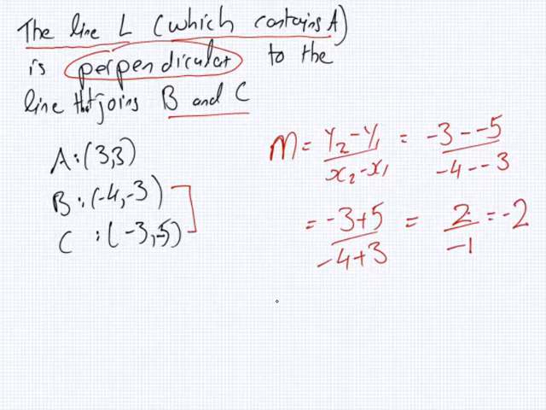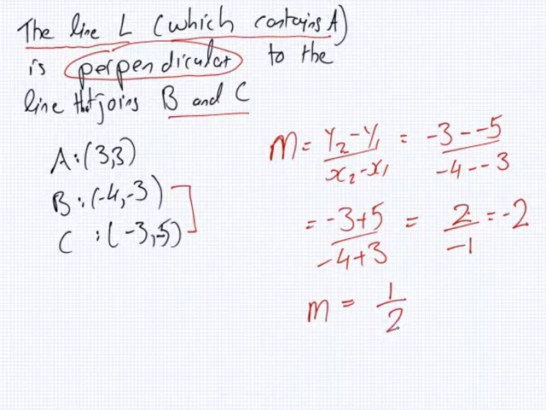But it's perpendicular, so you have to change it. M should equal 1 over 2, a plus, not a minus. So far, so good.